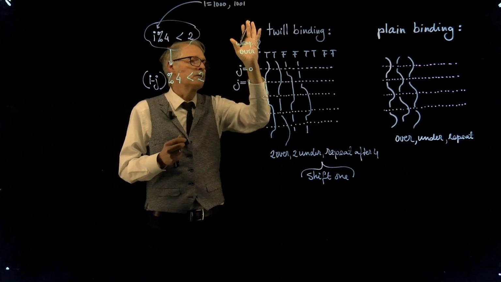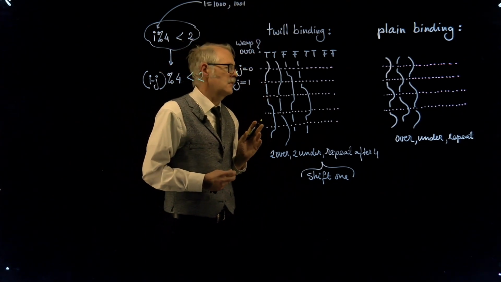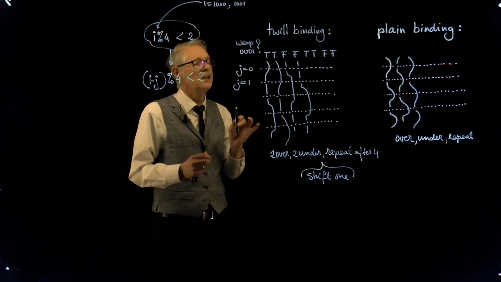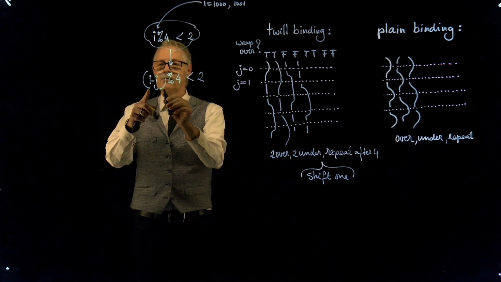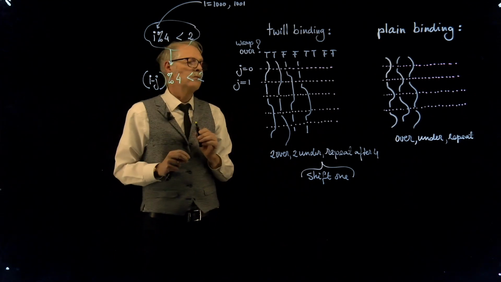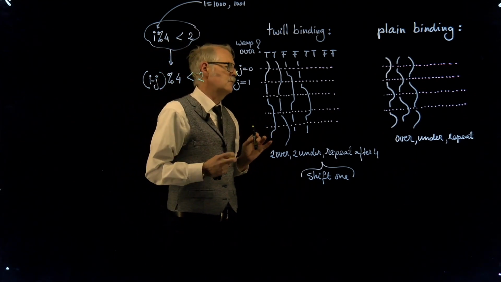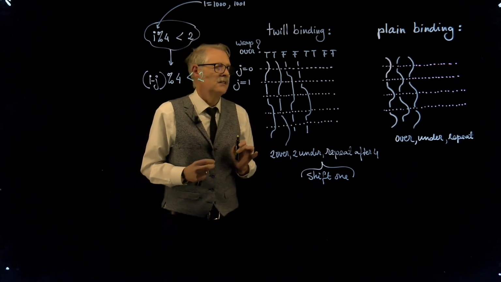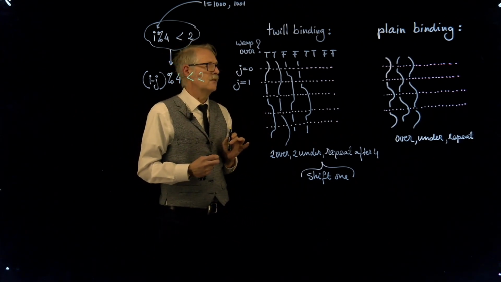For the modulo calculations, that doesn't make a lot of difference, because 1000 can also be divided by 4, but it makes sure that if I do I minus j, I will not easily run into negative numbers, at least when I'm making the patterns not too large.